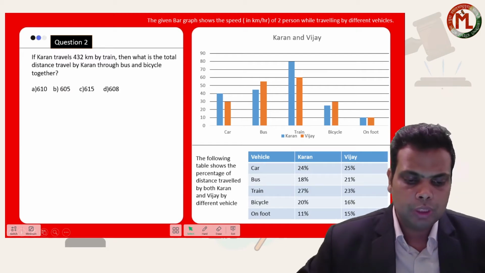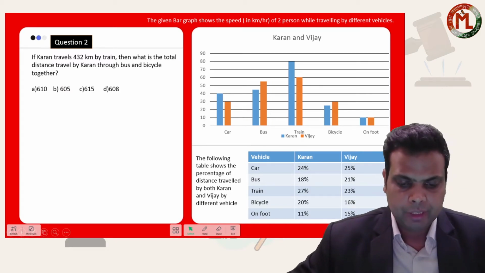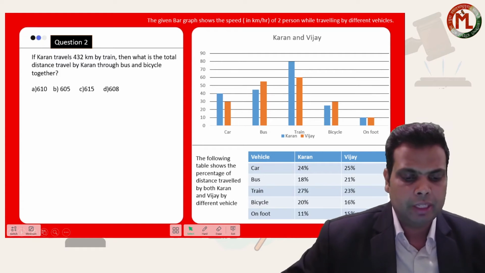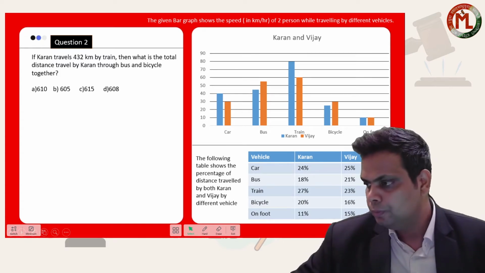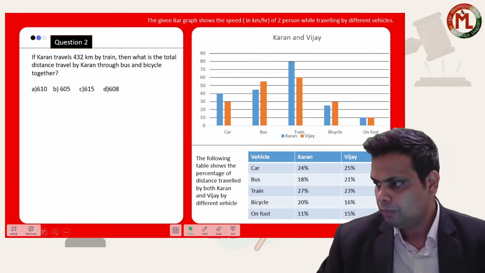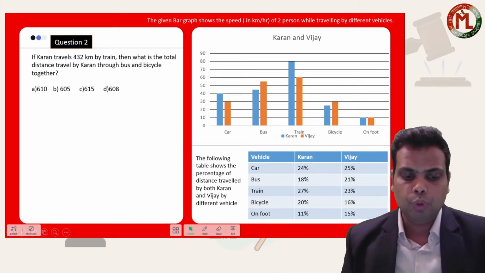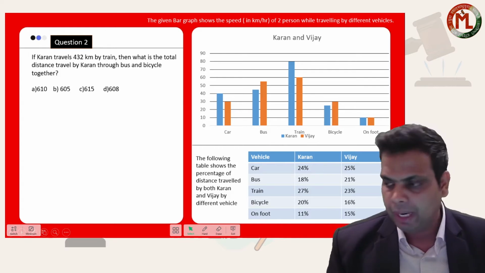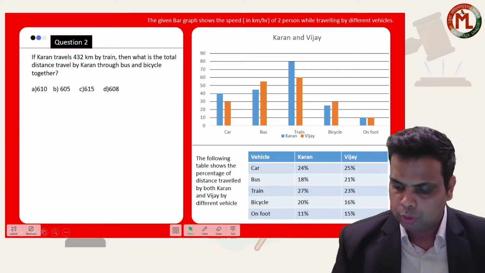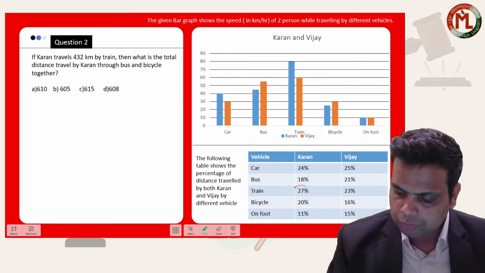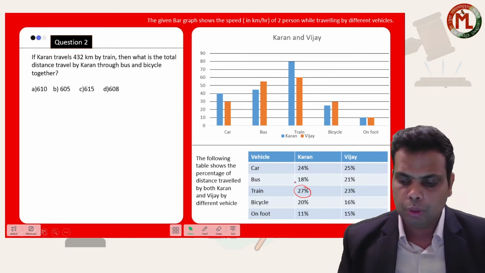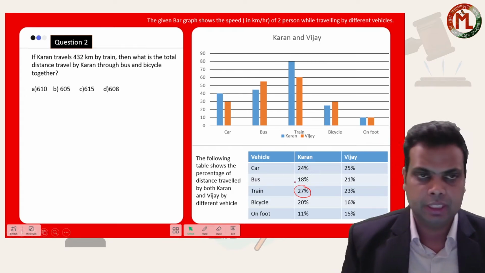Karan travels 432 kilometers by train. Then what is the total distance traveled by Karan through bus and bicycle together? You take your time. Now Karan travels 432 kilometers by train, correct? That 432 kilometer is 27%. Is it clear?